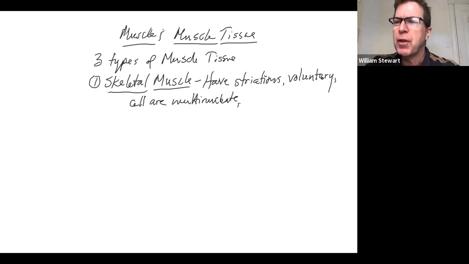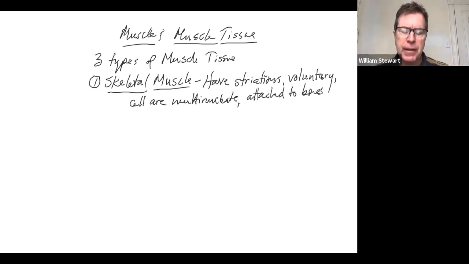As I said before, the location of this stuff is all over the body, and this is what we find attached to our bones. And finally, each individual cell must be neurally stimulated in order to contract.